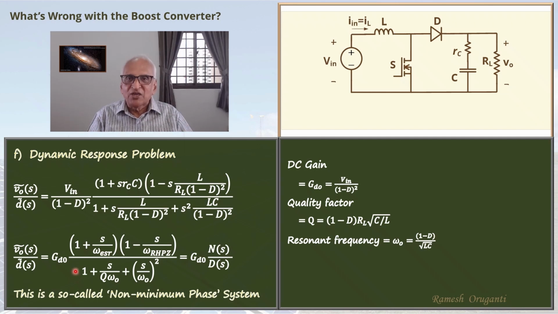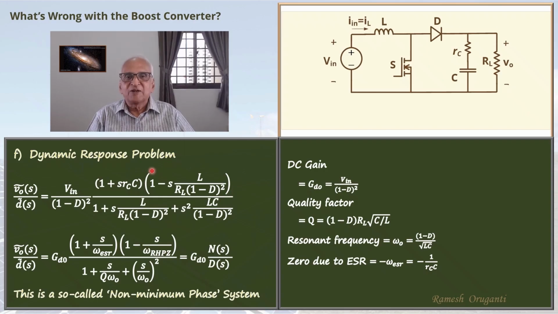The values of S where the numerator polynomial goes to 0 are the zeros of the system. That we can easily see because the numerator polynomial is in factored form. So the 0 due to ESR will be minus omega ESR, which will be minus 1 by RCC. So if you substitute S equal to minus 1 by RCC, then this will become 1 minus 1, 0. So S equal to minus 1 by RCC is a 0 of this system.